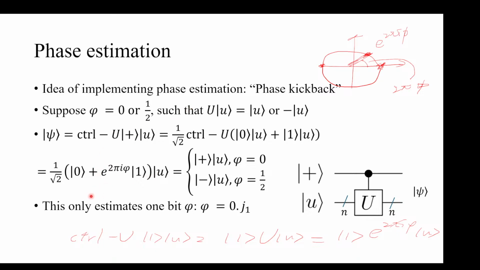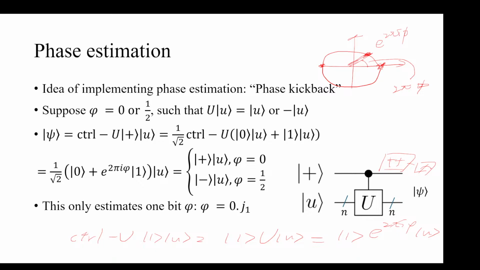Just like our phase kickback algorithm before, this e to the 2 pi i phi is equal to either 1 or -1, and so depending on whether your phi is 0 or 1 over 2, you get a plus state or a minus state here. And so if you put the extra Hadamard and the measurement like before, like in our Deutsch-Jozsa algorithm.